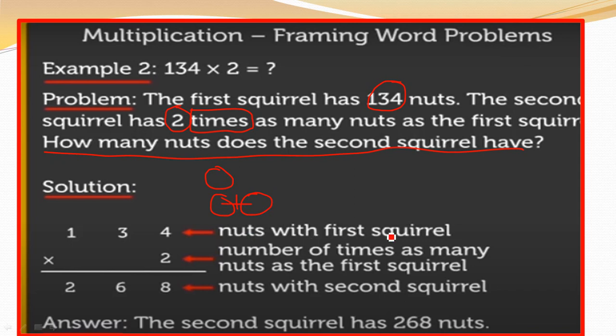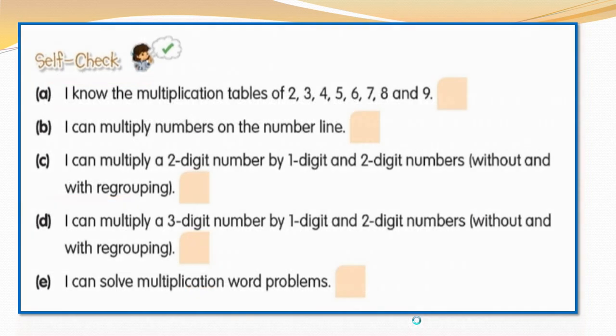We can also form the word problem statements: nuts with the first squirrel, number of times as many nuts as the first squirrel had, nuts with the second squirrel. So read the problem, identify the information, box the clue word, and then solve it. These are the steps of solving any word problem.